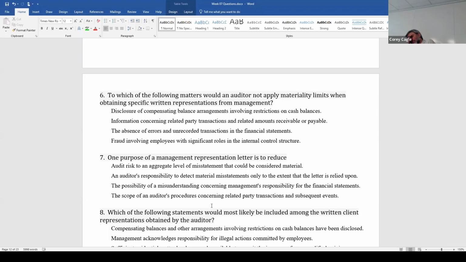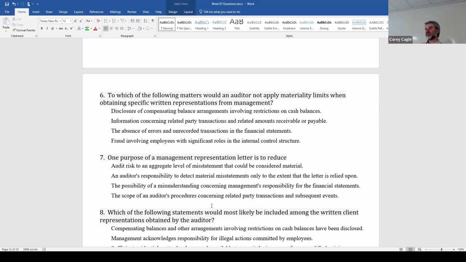And I noticed a few got it wrong. I forgot exactly the wording on it, but it was along these lines. To which of the following matters would an auditor not apply materiality limits? Here it's saying when obtaining specific representations from management.